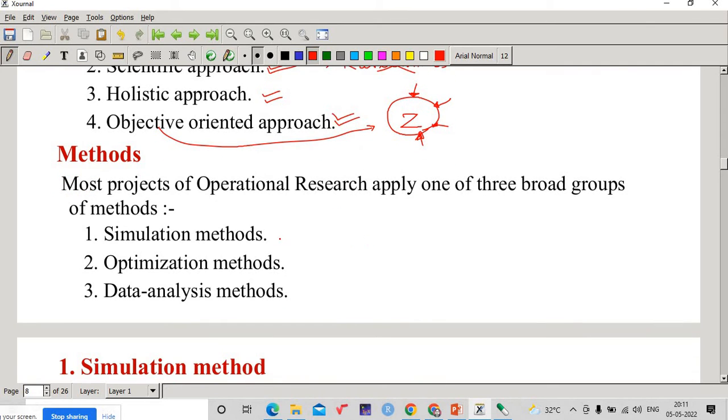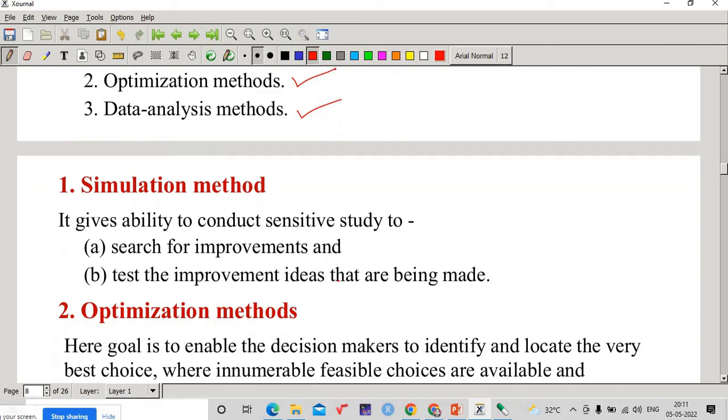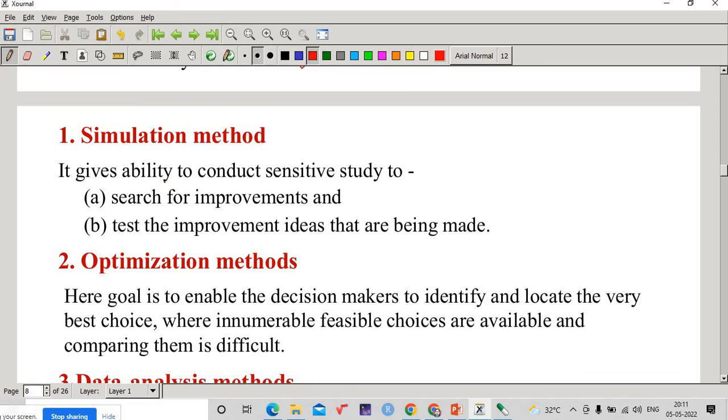Different methods are applied over here: simulation method, optimization methods, and data analysis method. These are the major methods which we are applying, segregated into these three major groups, we may say. Simulation method. It gives you the ability to conduct sensitivity studies to search for improvements and test improvement ideas that are being made.